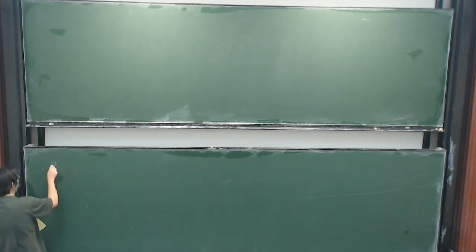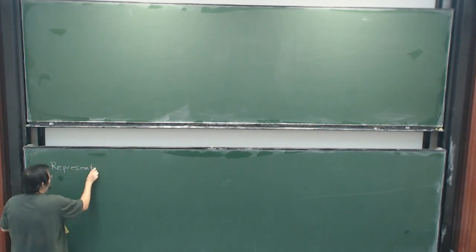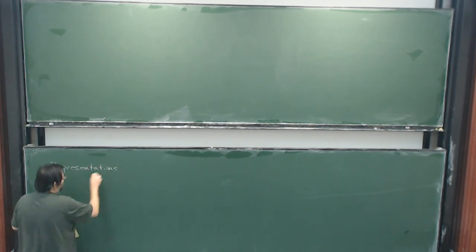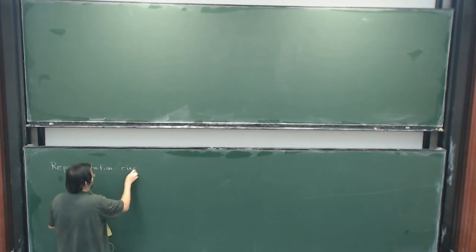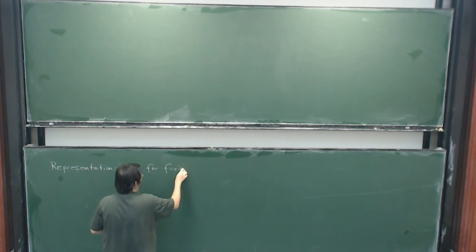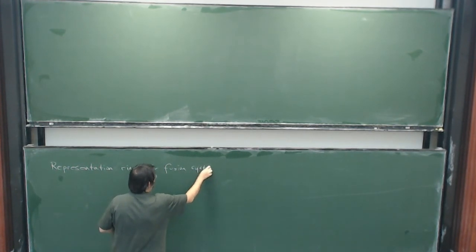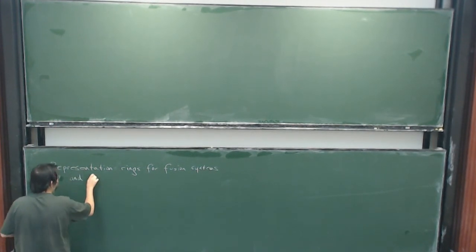So this is about fusion systems. We have representation rings for fusion systems. We'll define a representation ring for a fusion system F, and we will relate this to what we call dimension functions.